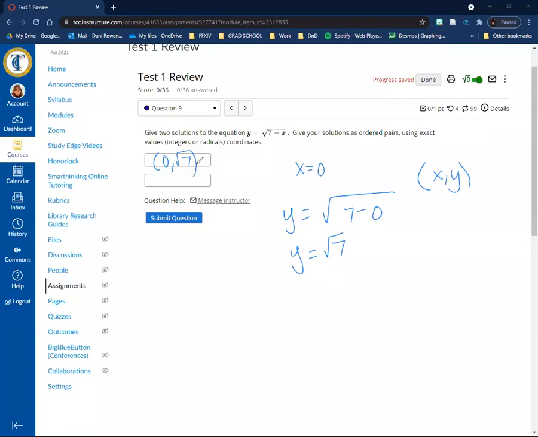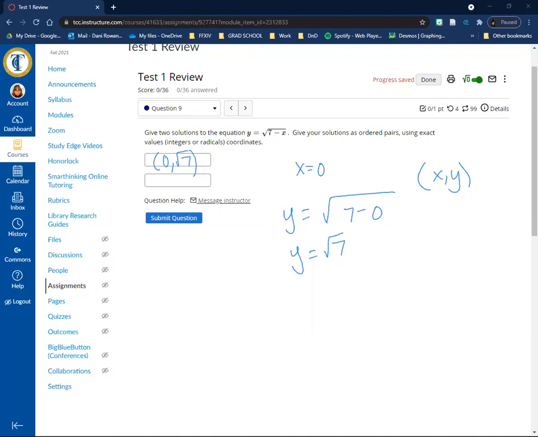And again, you could plug in... Remember, this is giving 2 solutions to an equation, so you choose a number for one of the variables and solve. All you're doing is finding the other part.